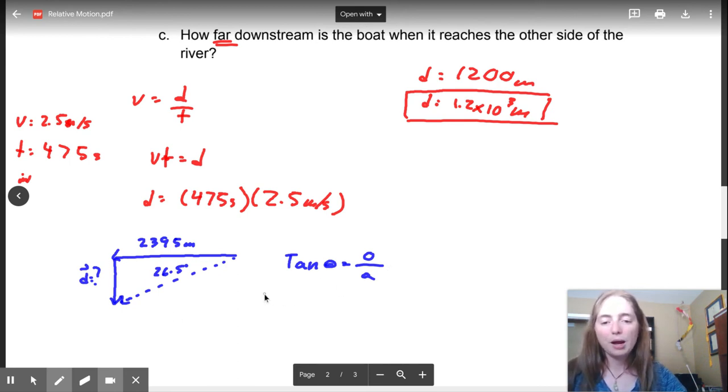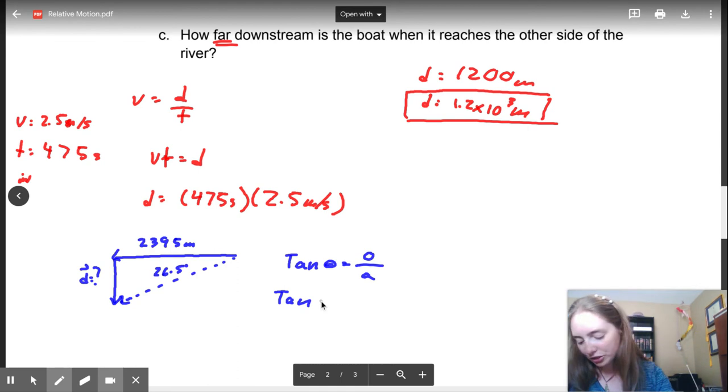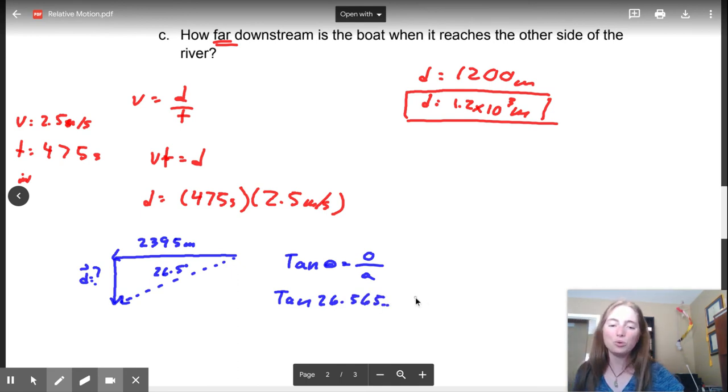So I am going to multiply by my adjacent. Okay. Now remember, ladies and gentlemen, you can't use just 26.5. So 26.565... You got to use the whole shebang here. It has to be 26.6 if you're writing it down anyway, for a final answer.